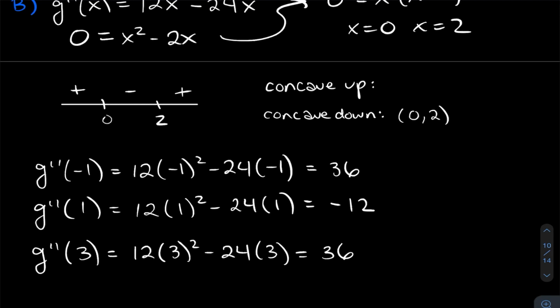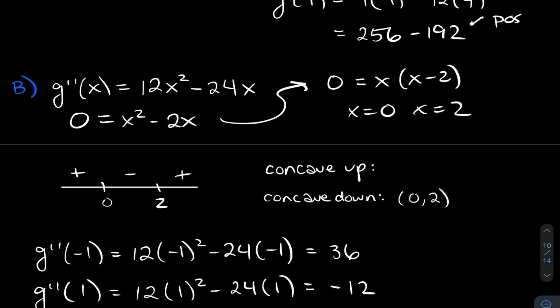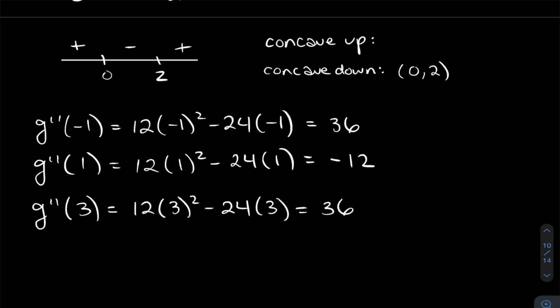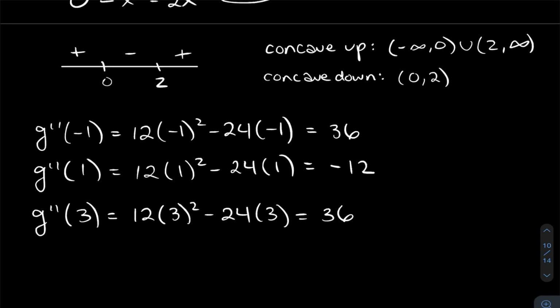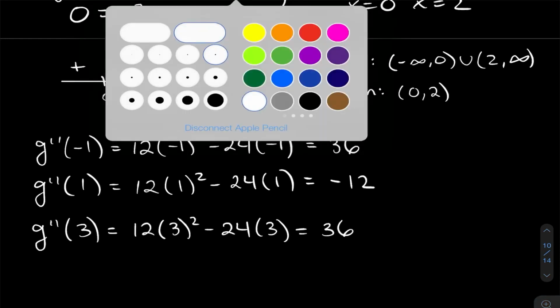It's 0. That was the whole point of finding this stuff in the first place. Concave up is going to be from -infinity to 0, and from 2 to infinity. And we'll circle that.